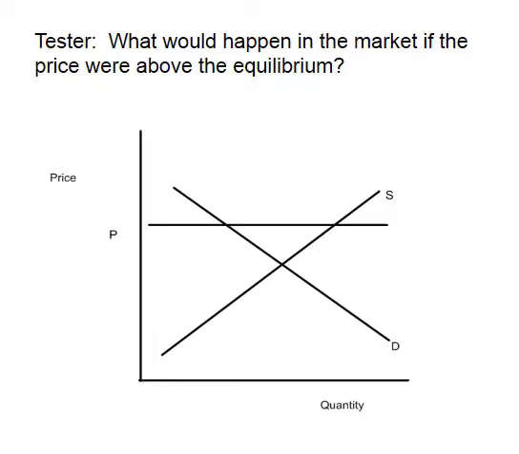So a little tester. What would happen in the market if the price were above the equilibrium? So we could think quantity of, let's say, good A, and price of good B. How you want to figure out what's happening is, let's look at what's intersecting with what.